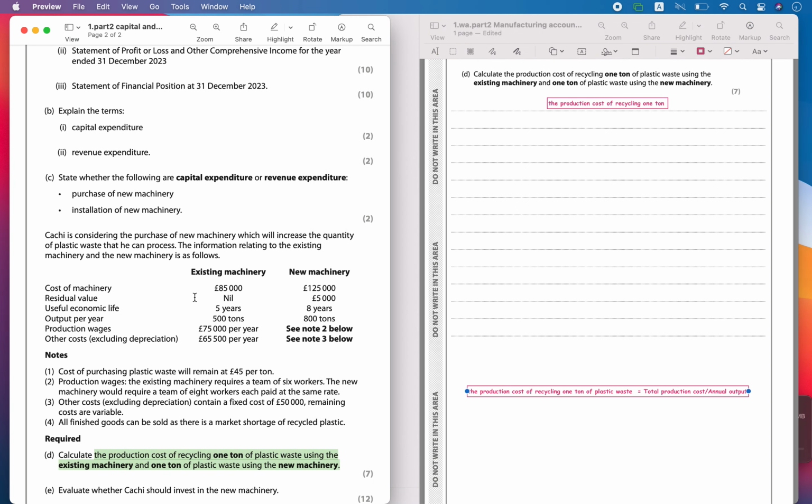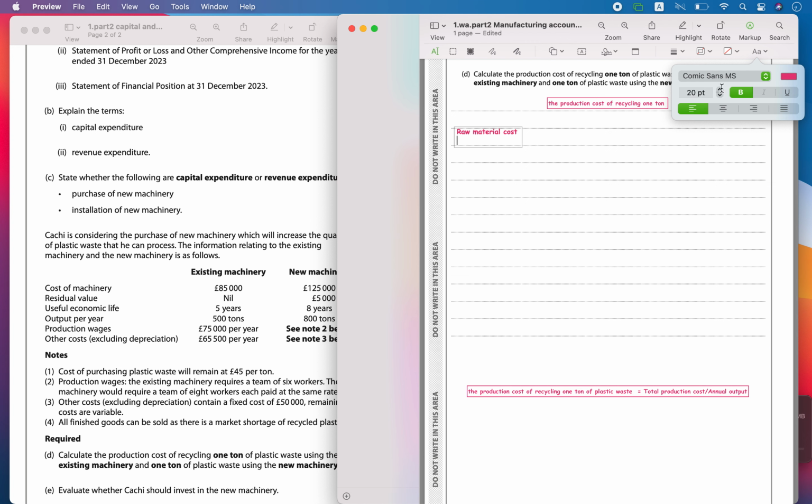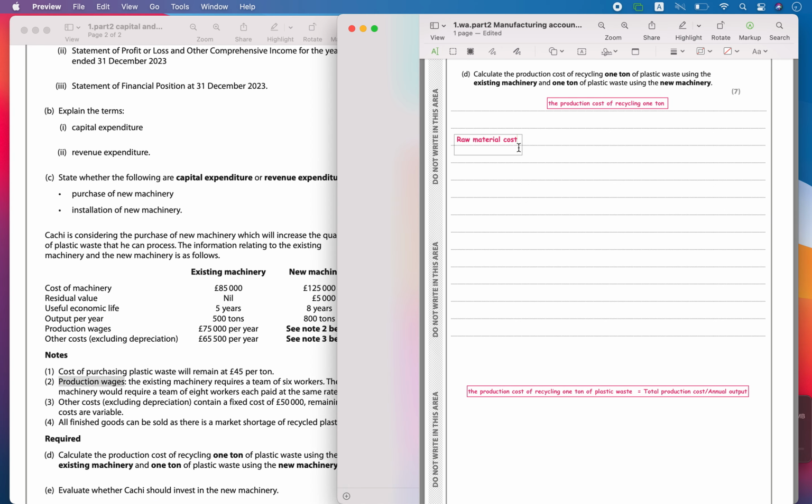Let's write all the costs that are going to be involved. First I will have the raw material cost, because there is a cost of purchasing the plastic waste, which is the raw material. Then I have production wages, which I have to pay, so that's also a cost I will include.